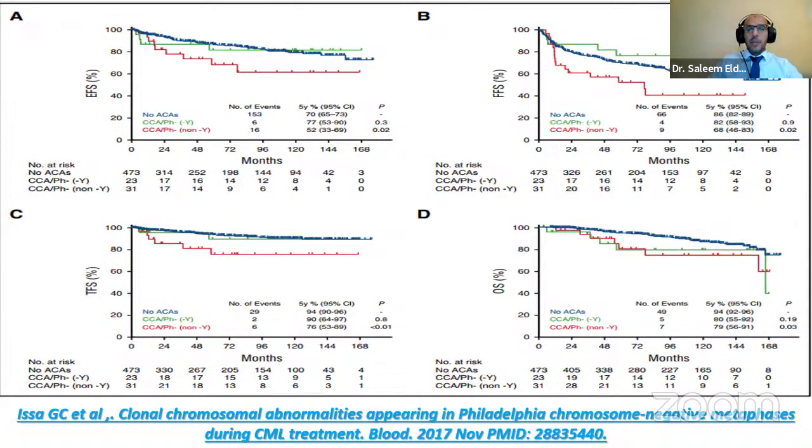It has also been shown that clonal chromosomal abnormalities in Ph negative metaphases, as shown in this paper by the Inge Anderson group, that are non-Y deletion, are associated with lower event-free survival.